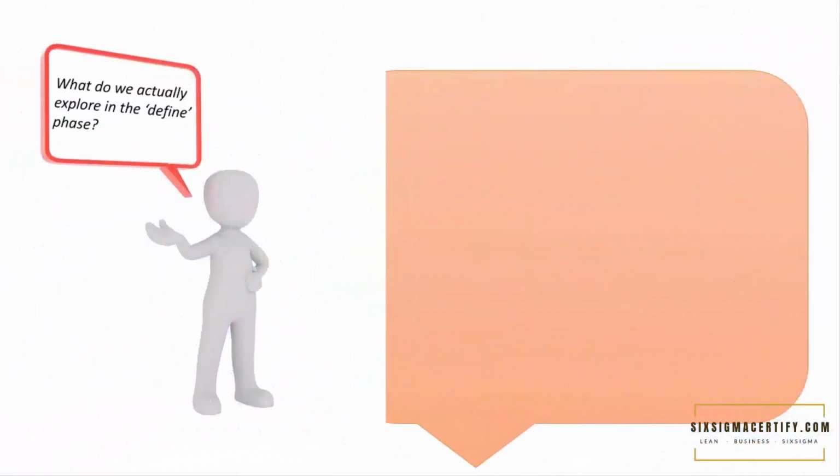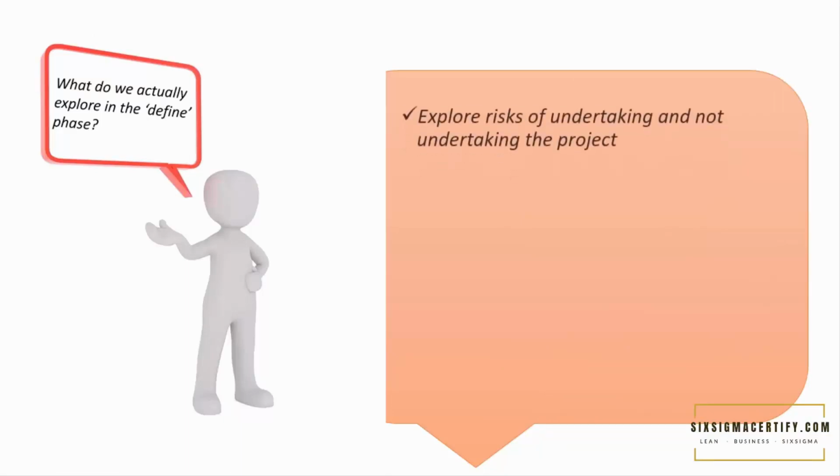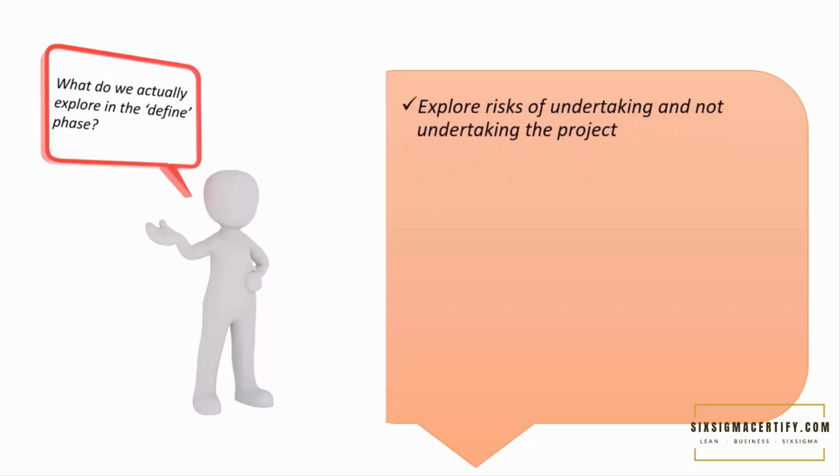Let us now study what we actually explore in the define phase. As we already know, define phase is the first phase of the DMAIC and DMADV cycles. We explore the following points in the define phase. We explore the risk of undertaking and not undertaking the project. That means we first try to find out why we should undertake or why we should not select any project.